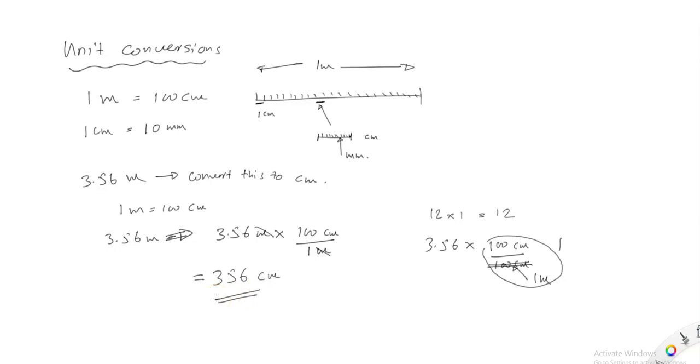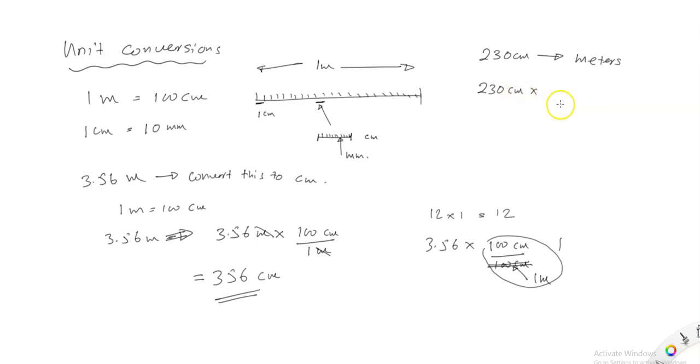Alright, next example. Let's say this time I want to convert 230 centimeters into meters. So how do I do this? I'm going to write 230 centimeters and then, like I did before, multiply this number by 1, so it doesn't change it.